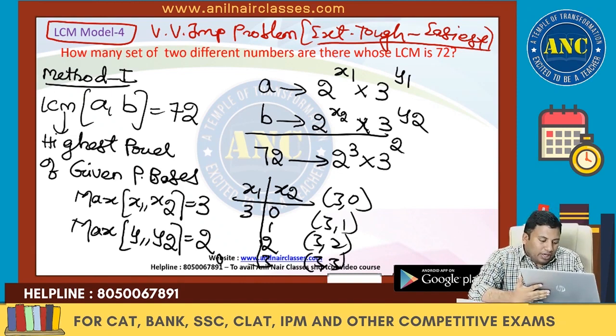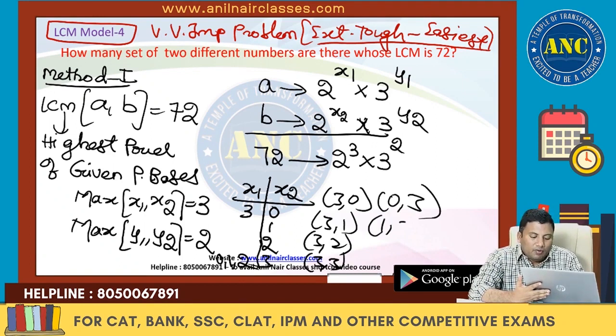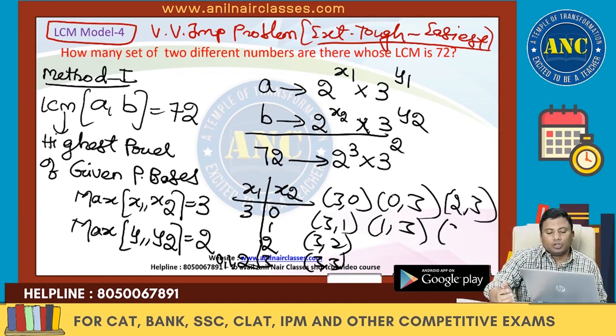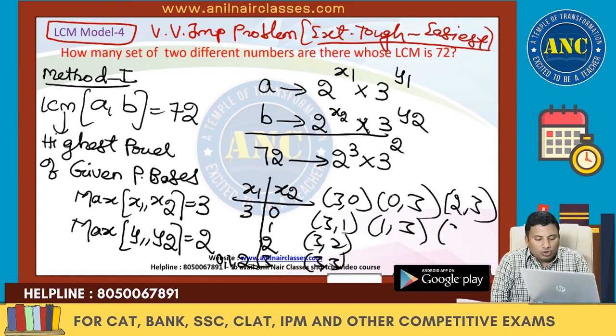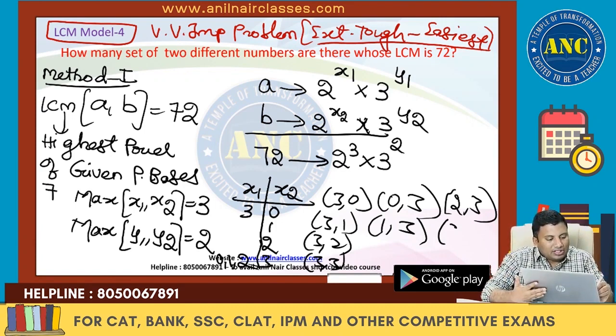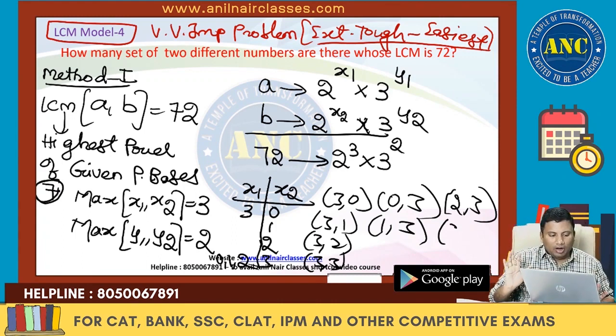If x2 is 3, x1 can also be 0, 1, 2. 0, 3 it is 3. 1, 3 it is 3. 2, 3 it is 3. Am I right? Totally how many values do we get? 1, 2, 3, 4, 5, 6, 7. I got 7 values. Are you all with me?